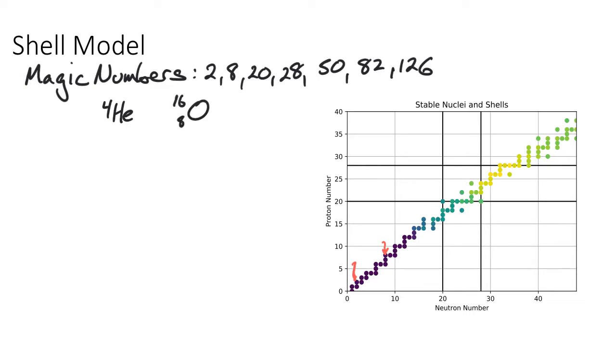Oxygen has atomic number of 8, helium of 2, and they really have a lot more binding energy than the neighbors. I should perhaps have drawn in lines on this for the magic numbers at 2 and 8 as well.